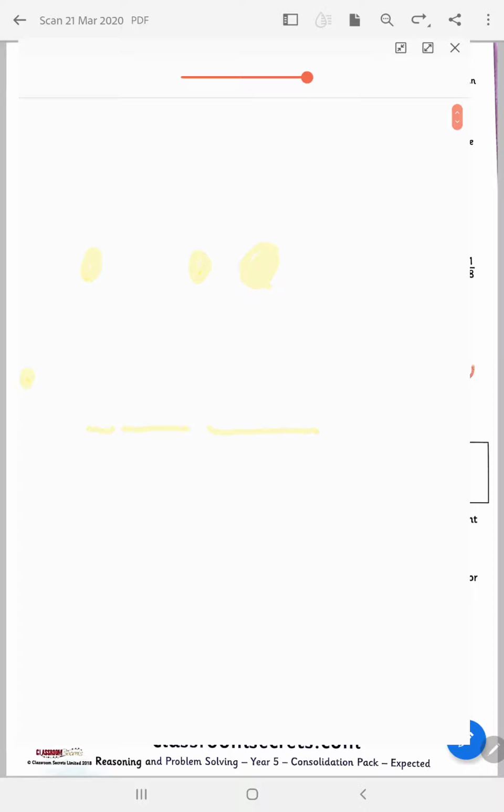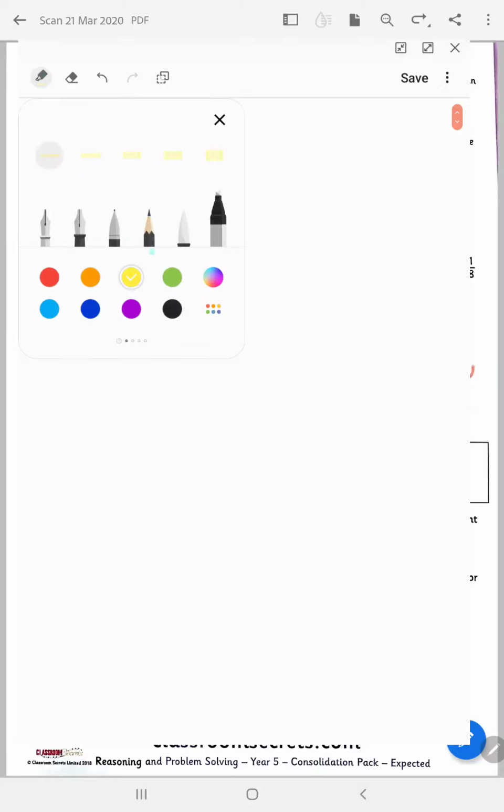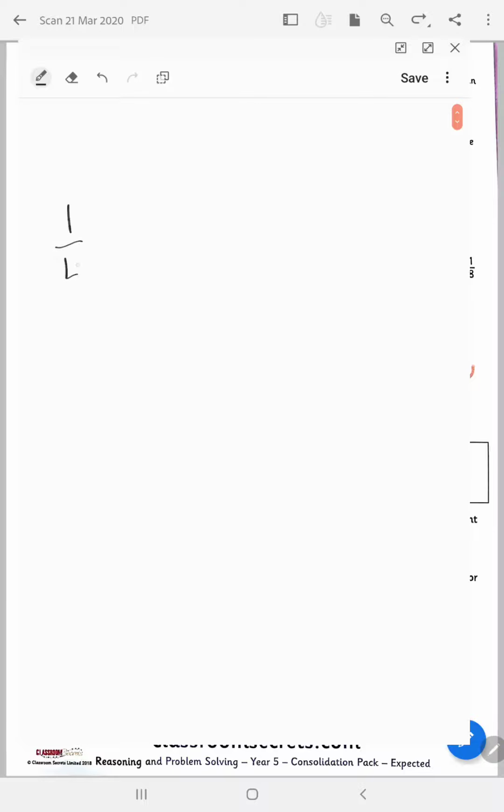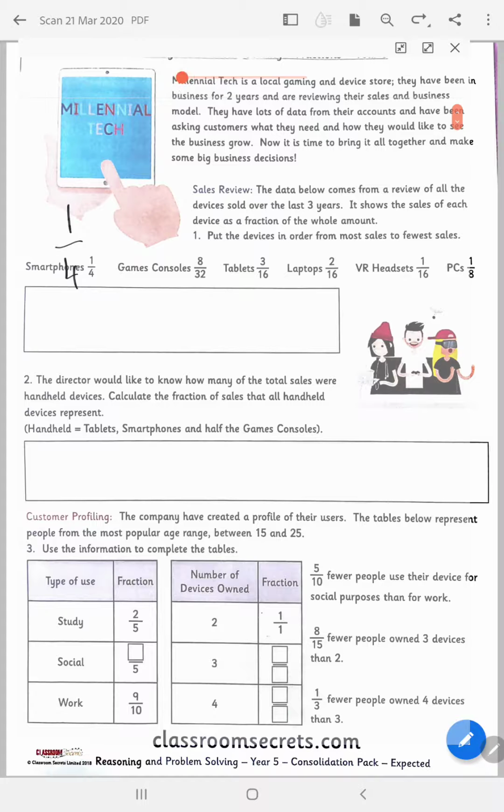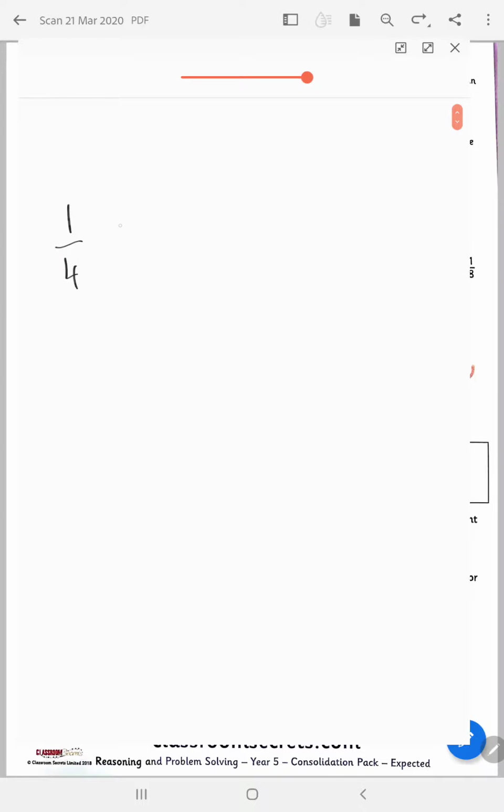So what we have to do is take the 1/4 and the 3/16 and add them.